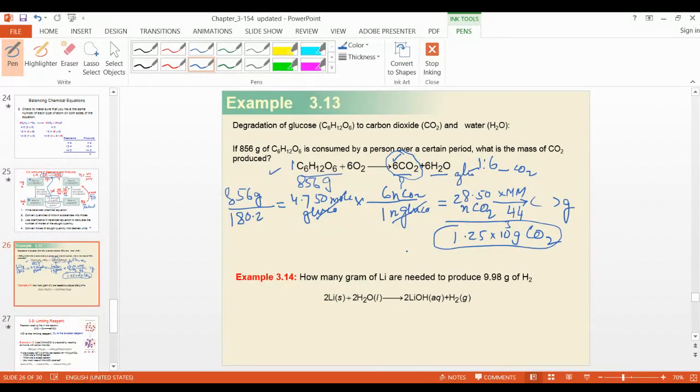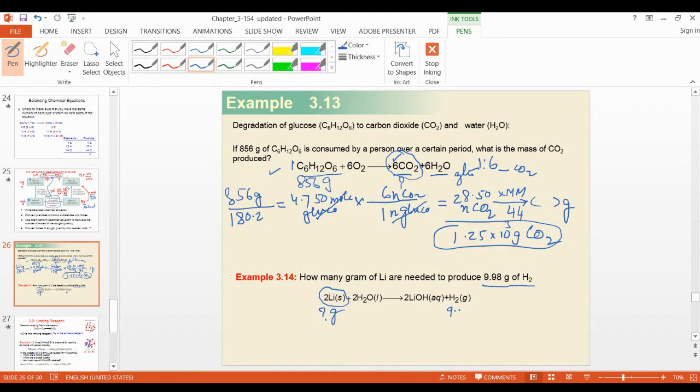Okay, now the second question is a little bit different. Read the question. How many gram of lithium are needed to produce 9.98 gram of hydrogen?